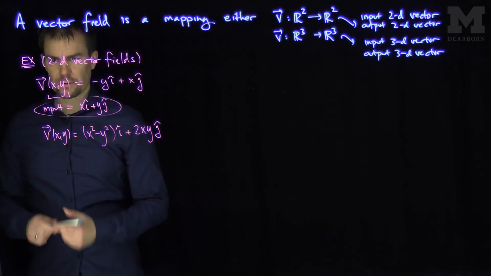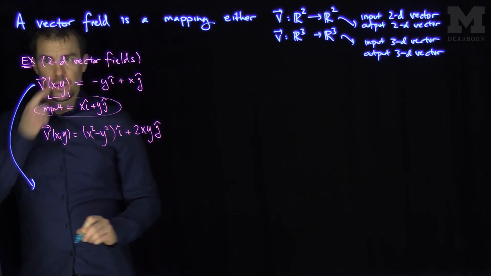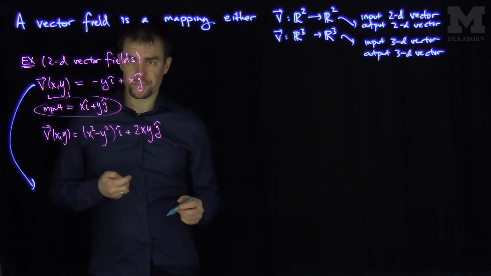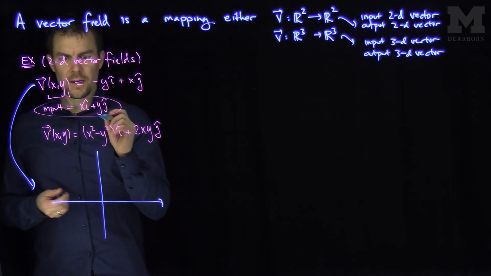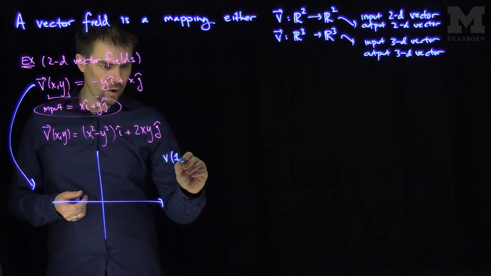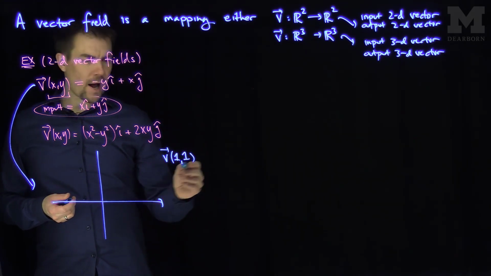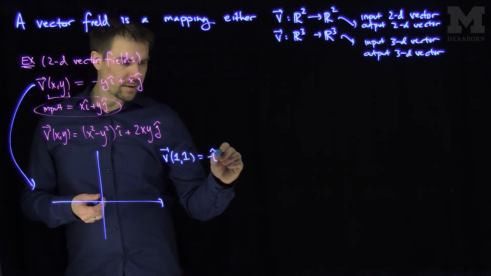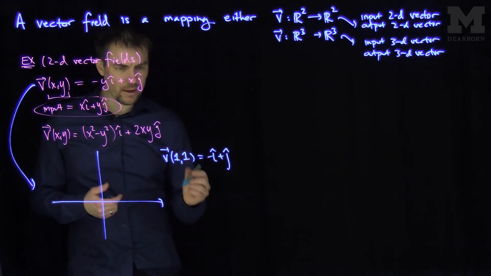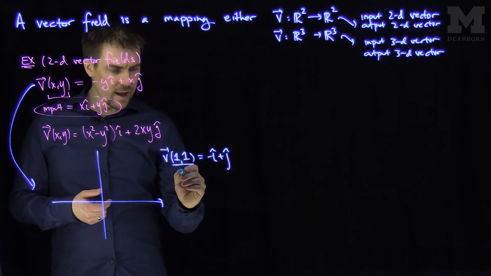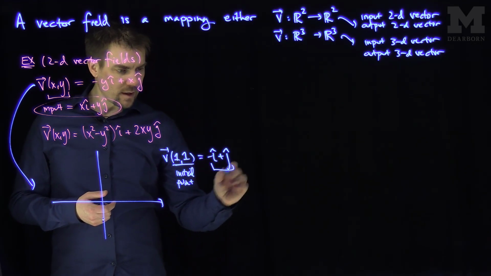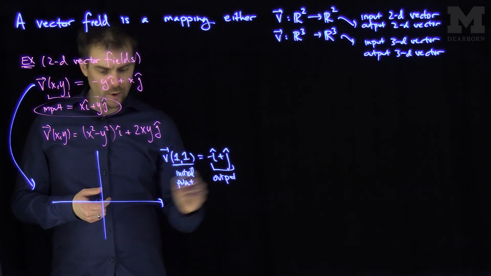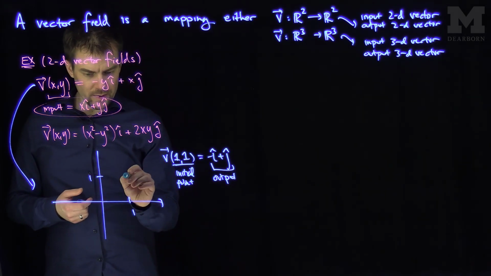If we take our first vector field, we can use this to illustrate our plotting convention for vector fields. Our plotting convention is that if I input a point, or a vector xy, for example, if I were to input v of 1, 1, I would output negative i hat plus j hat. Our convention is that we use this point 1, 1 as the starting point, or the initial point, of the vector output. So I go to my initial point, 1, 1.